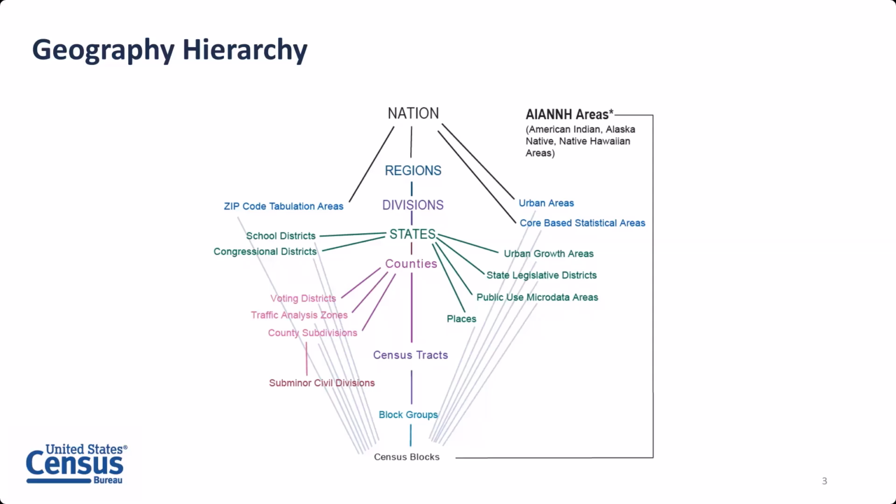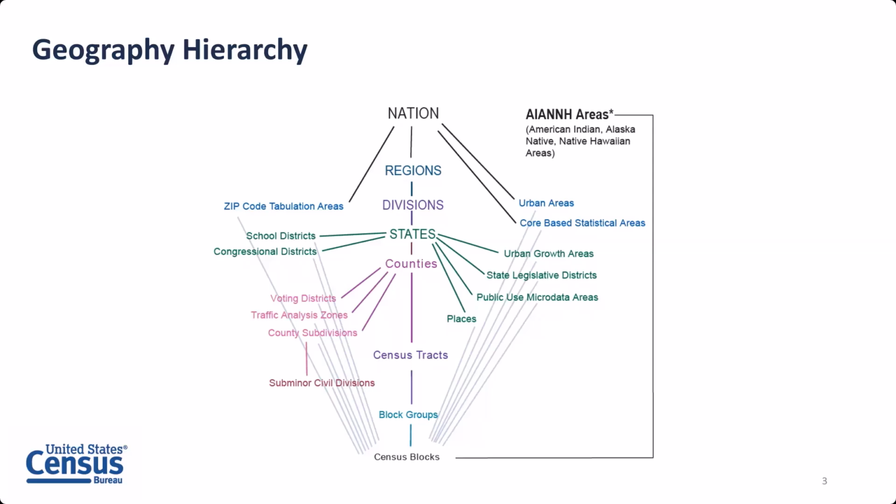to the nation. Anywhere on this chart where you see geographies connected by direct lines, it shows you the relationship between those geographies. So as an example, you can see for zip code tabulation areas, we're going to be working with those in our example today. There's a direct line from zip code tabulation areas up to the nation.